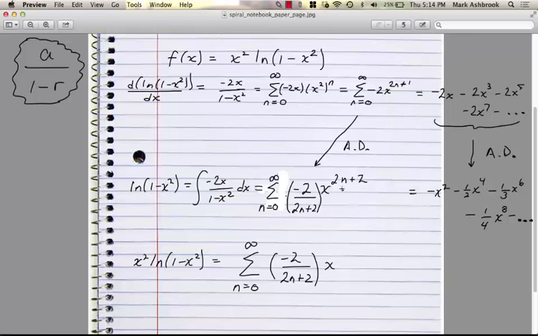Almost, you just reversed it. 2n plus 4. And we're going to get negative x to the 4th minus 1/2 x to the 6th minus 1/3 x to the 8th, etc.